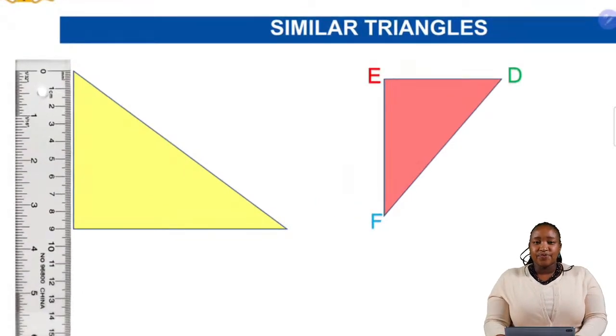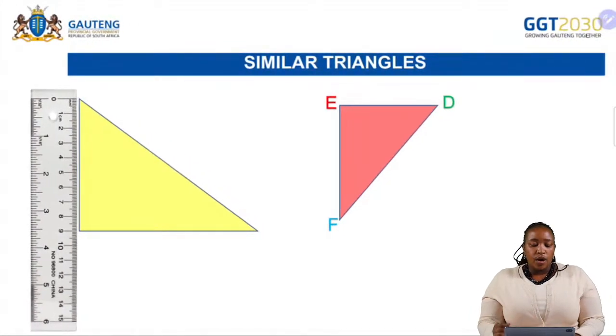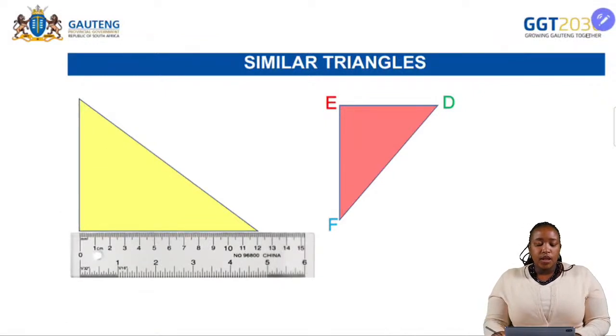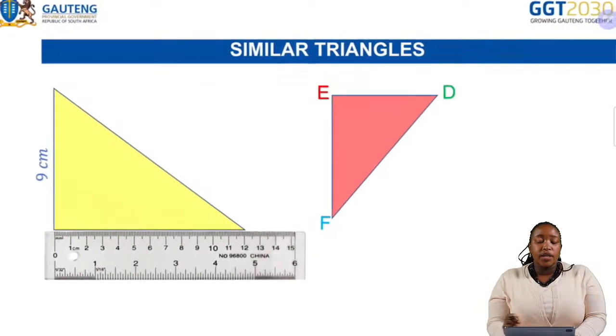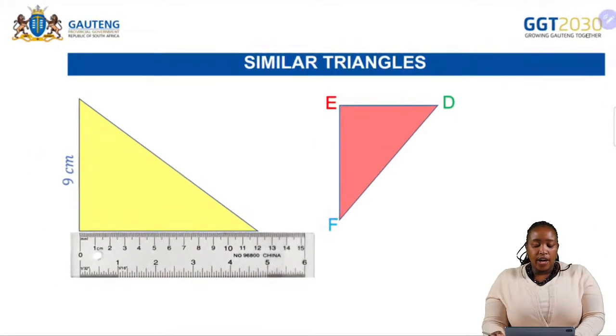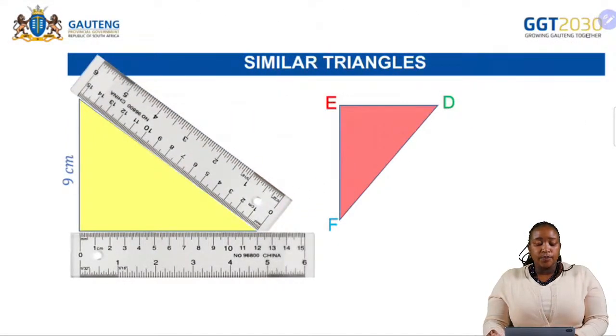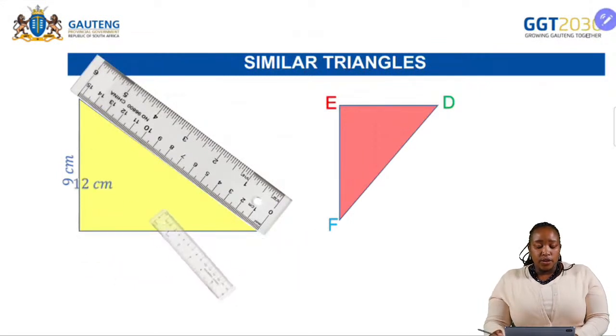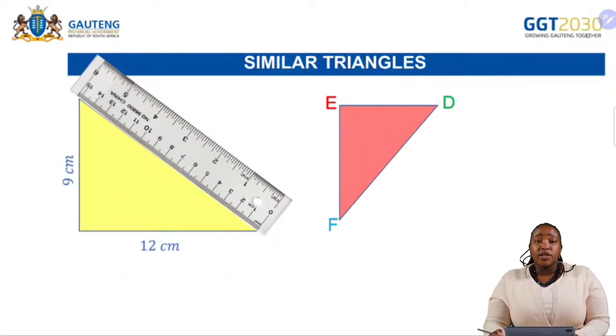For the next side, you did get 9 centimeters for the first side, right? Now for the second one, I'll just zoom in a tiny bit for you. Everybody has this one? Please do write the value that you got. That was 12 centimeters for the side BC.